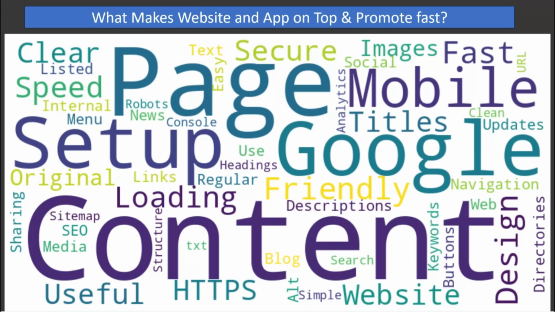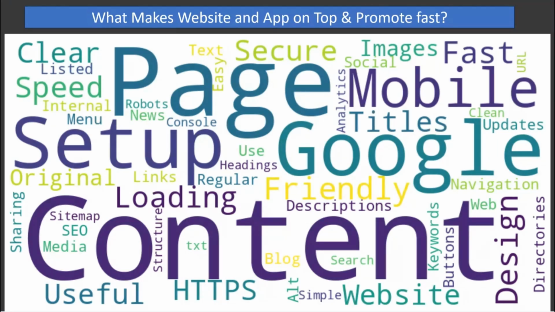Your content should be proper. How we are posting on Facebook, how we are posting on LinkedIn, how we are posting on Instagram. We are posting one song, we're posting one dance, we're posting one this. All those things are content. Maybe video content, maybe text content, maybe image content.